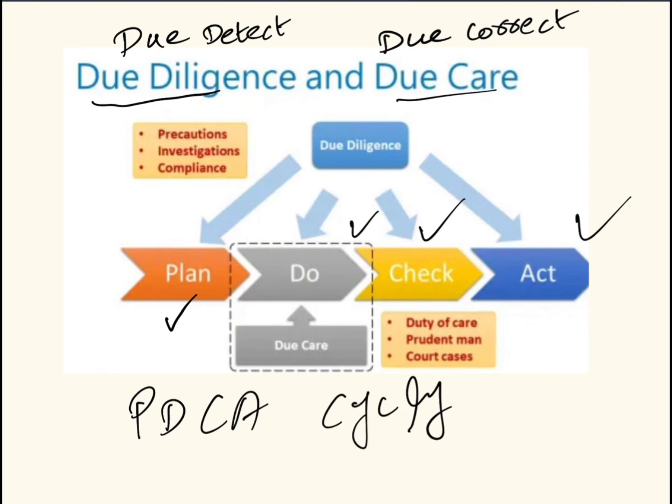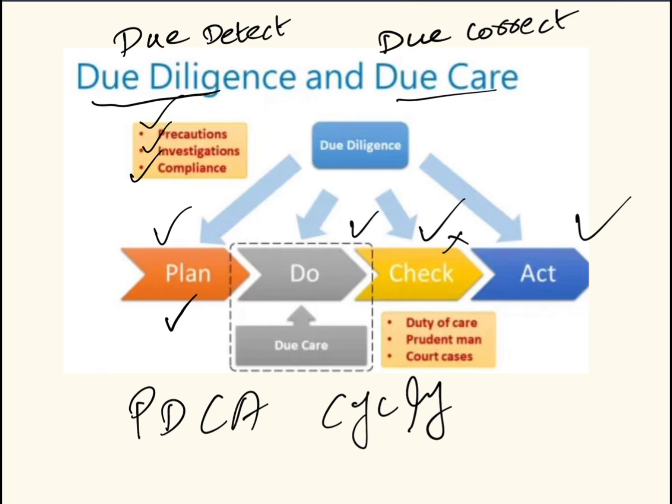So let us break it down in simple terms. As we discussed, due diligence is think before you act. It is associated with plan and check, right? It involves precautions, investigations, and compliance, right?